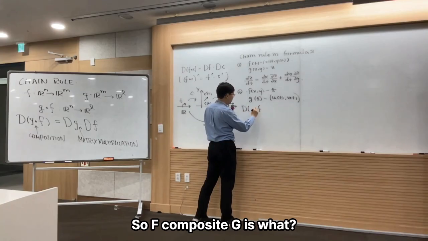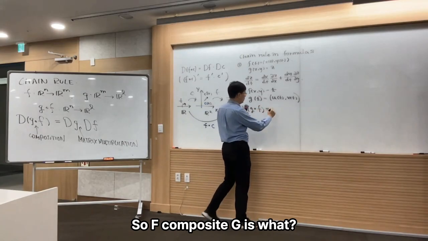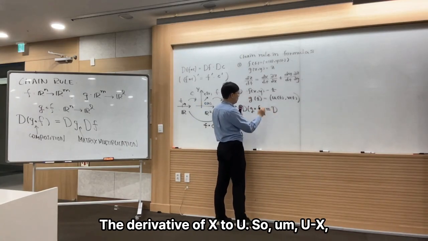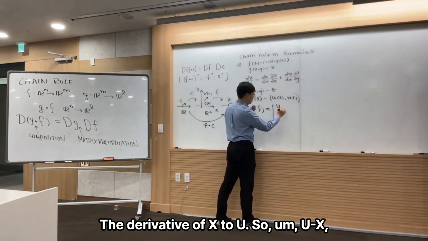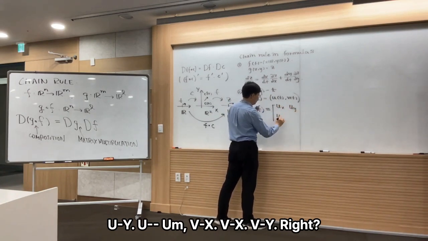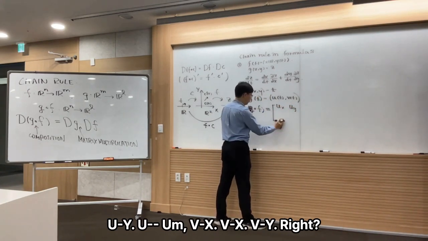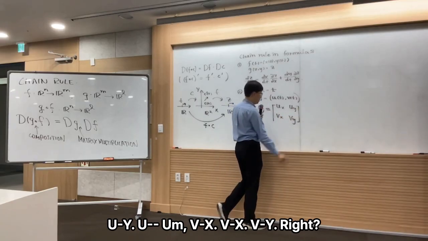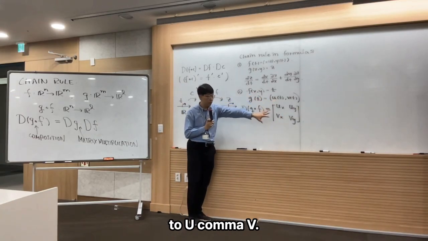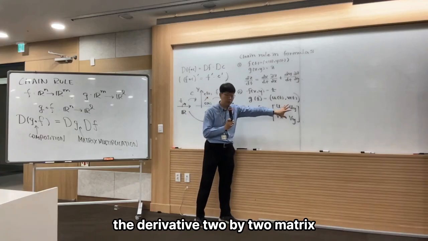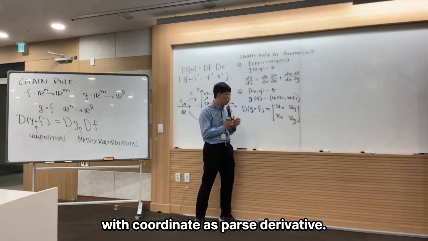So F composite g is what? The derivative of x to u. So ux, uy, vx, vy, right? Because this function is mapping x comma y to u comma v. Whenever you have this function, the derivative is a 2x2 matrix whose coordinates are partial derivatives.